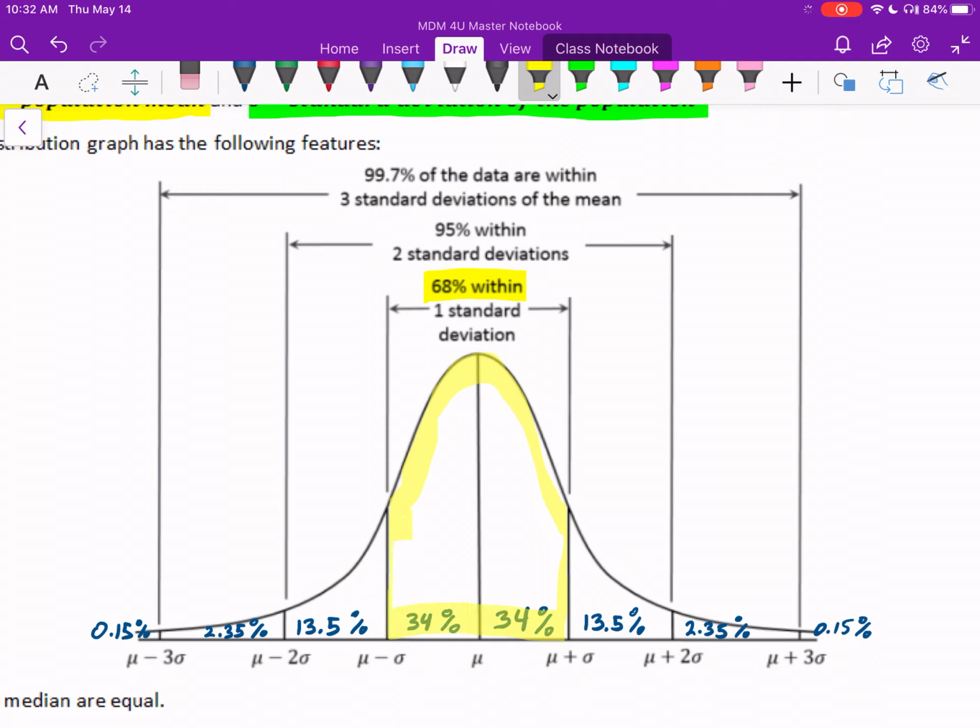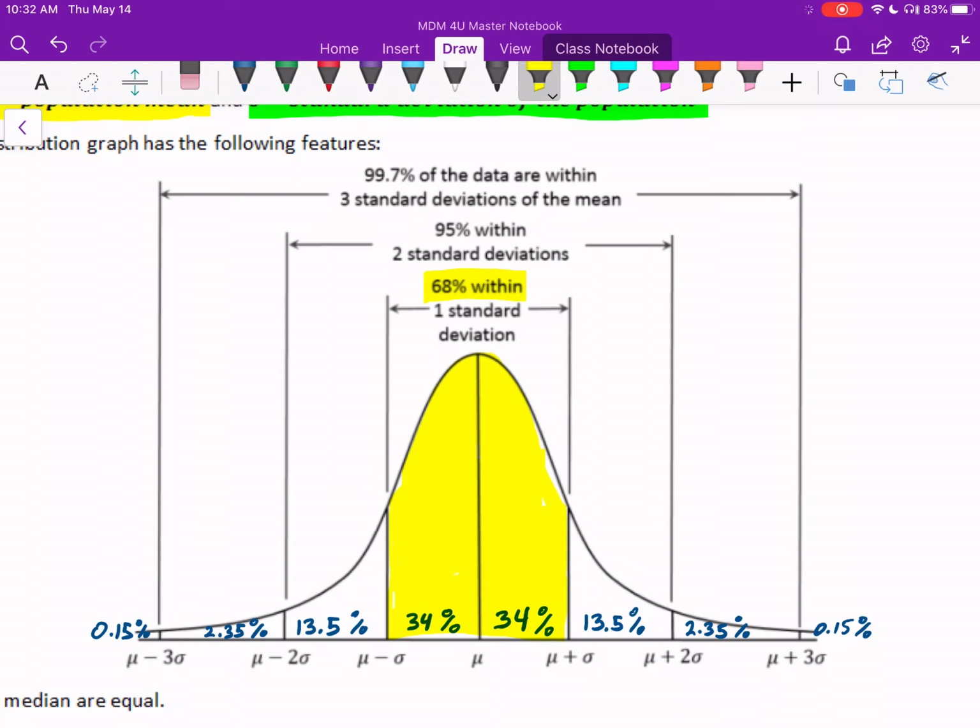The area that I'm shading in yellow right now would be 68% of the area under the normal curve. And because it's symmetrical, we know that 34% of it will be to the right of mu, the average, and 34% of it will be to the left of the average.